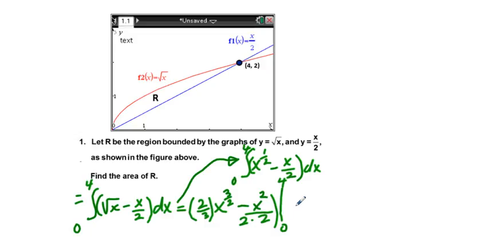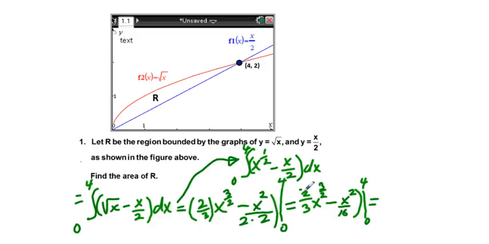So what we have here is 2/3 x to the 3/2 power minus x squared over 16. And we evaluate this from x equals 0 to x equals 4, the limits of integration.